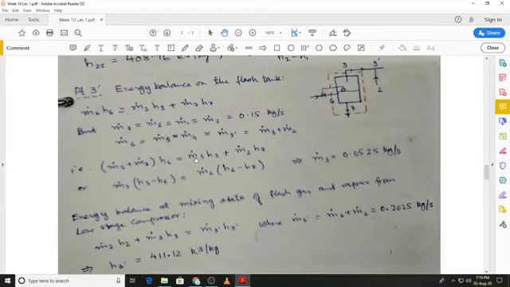We take the m dot 3 terms, collect them on one side, so we have h3 minus h6, and then you will have m dot 2 h7 over here. We take it onto the other side, so it will be m dot 2 into h6 minus h7. Mass flow rate m dot 2 we already know.